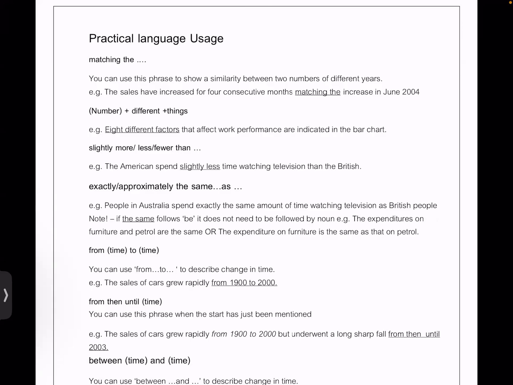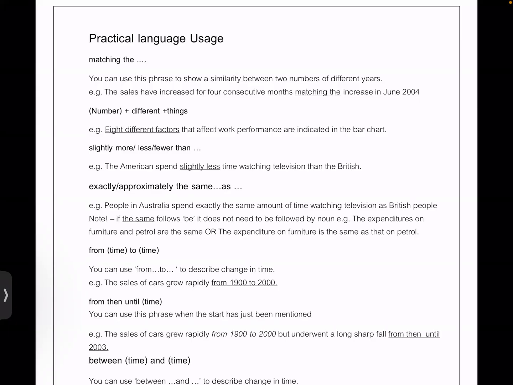You have developed understanding of the basic relevant structures. So here are some more phrases that might come in handy when you're describing the graph. So practical language usage here. This is for self-learning. Matching, for example.